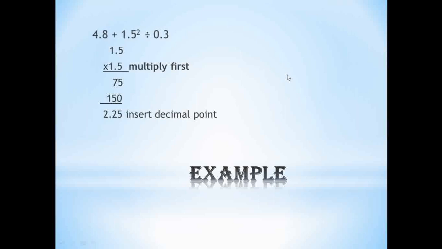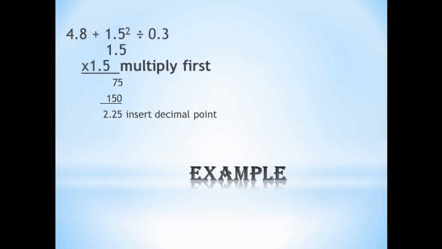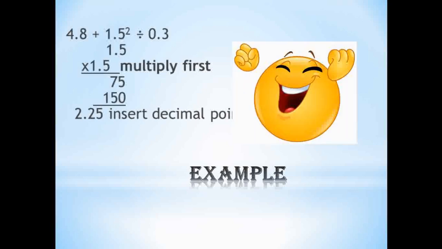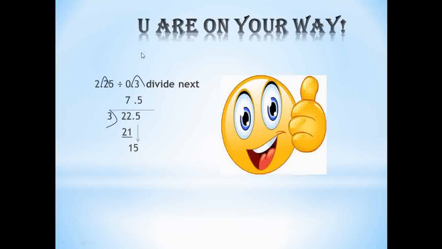Alright, so just to examine that a little bit more, we're going to multiply the exponents first normally, and we get 2.25 as our answer. Alright, so you see you're well on your way now.